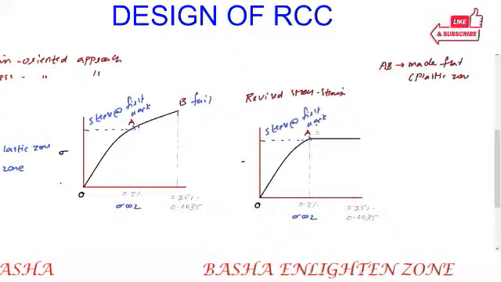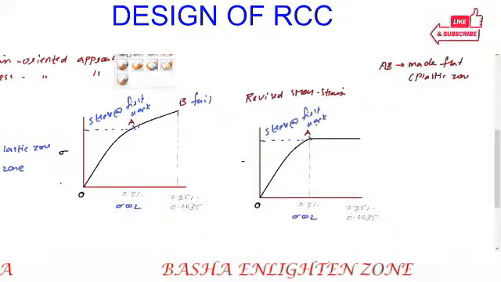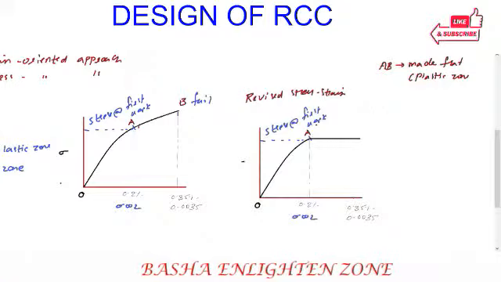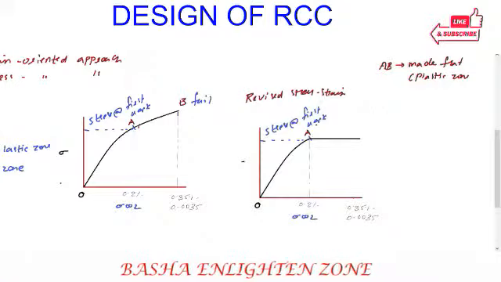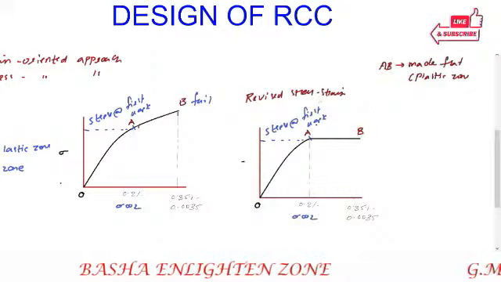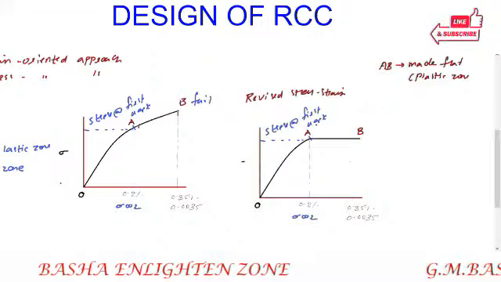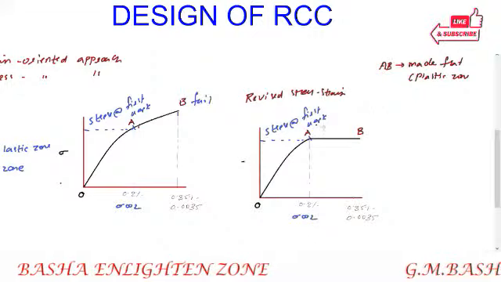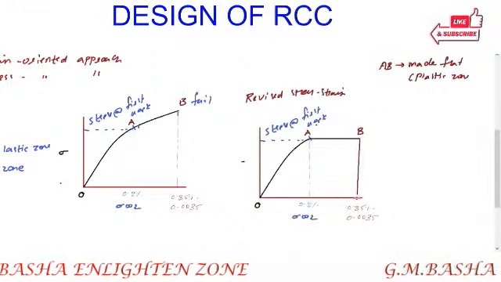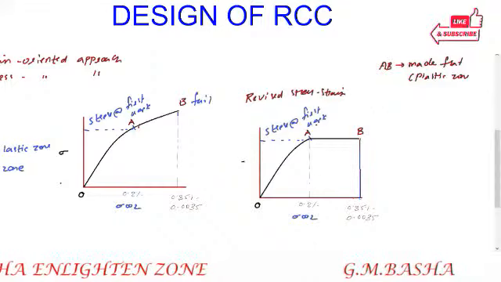Okay, so this is B. In the revised stress strain curve, this AB is made flat and treated as the plastic zone. Here the strain will be maximum, that is 0.0035 only.